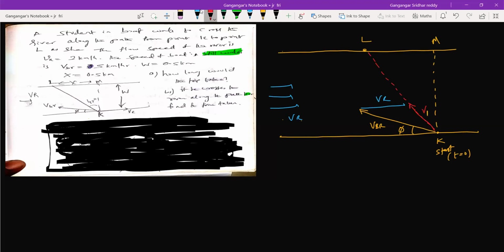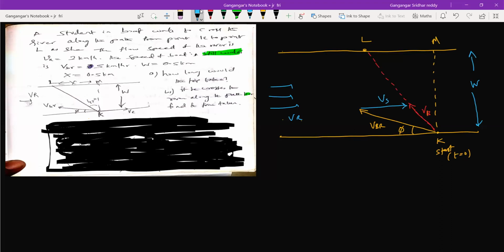Velocity of boat. Okay, look at all this now. There's the width of the river. So what is our question? We have to calculate this angle. How long will the trip take? It's telling how long the trip will take.